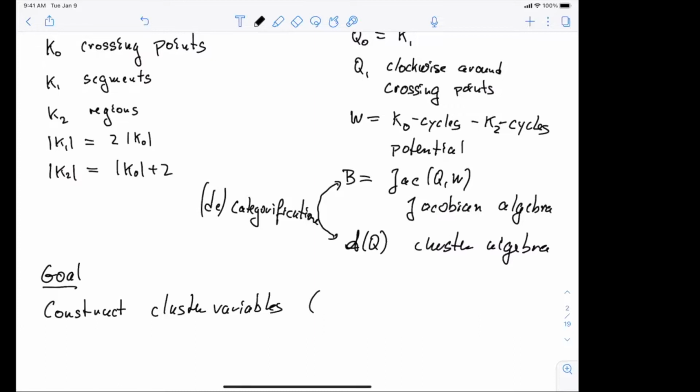Well, these are generators for the cluster algebra. To be clear, we don't want all generators. There will be infinitely many generators. We just want a few of them, special ones, which carry information about the knot.